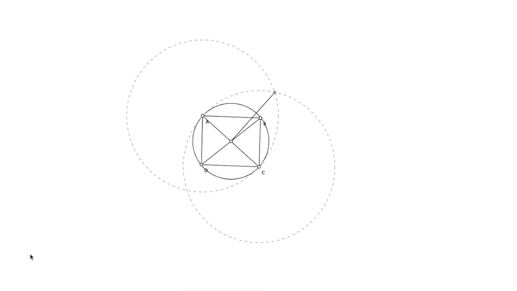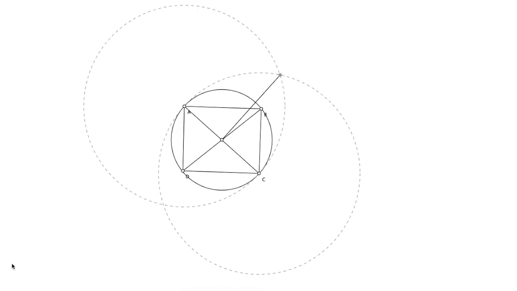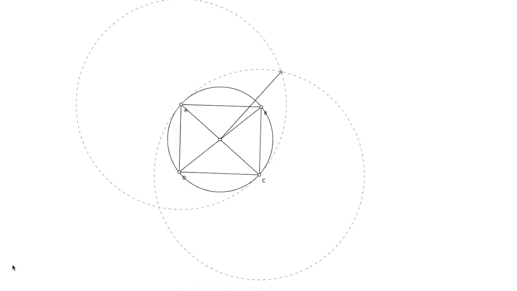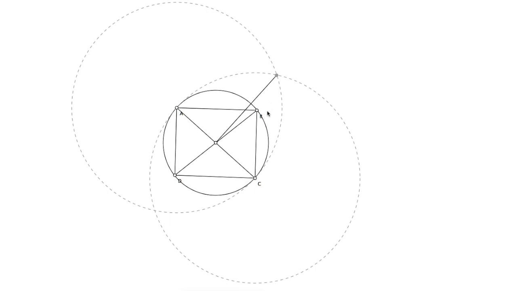Now, the reason I show you this is because any square that you draw, because it's a physical square, is not going to be completely perfect. It might be really close to a real geometric ideal square, but it's never going to be a perfect square. So just because a line seems to coincide with a point based on the way that you've drawn it, that's no guarantee that that line actually goes through that point.